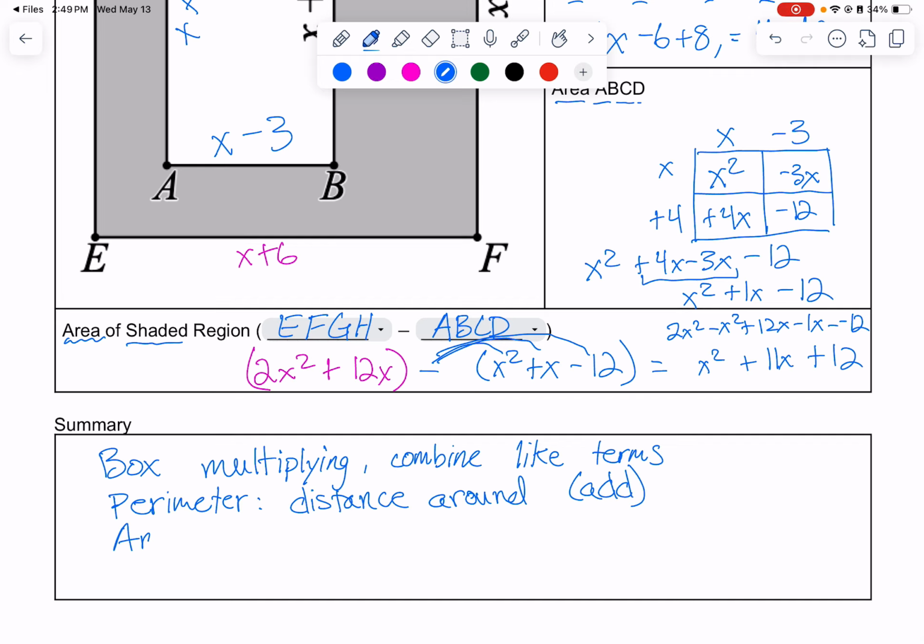And the area is the inside, and you're going to multiply that length times width, or that base times height. Okay, so turn that into some sentences.